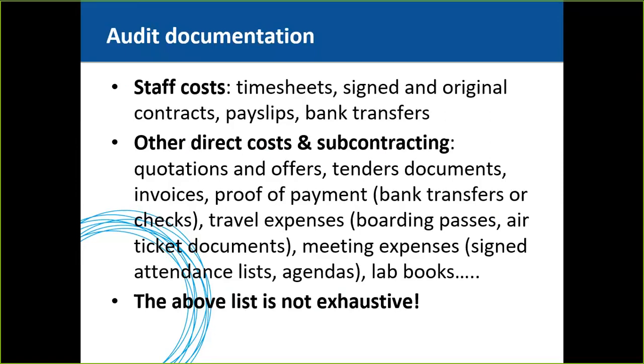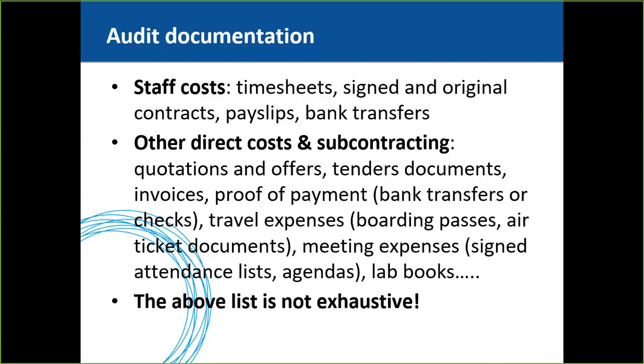Of course, there are always the travel expenses in the project. You need to keep the boarding passes, the actual tickets, any proof that you have actually attended the meeting abroad. When you organize meetings as well, for example conferences or workshops and so on as part of the project, apart from the agenda, you also have to keep the signed attendance list proving who has attended the event.